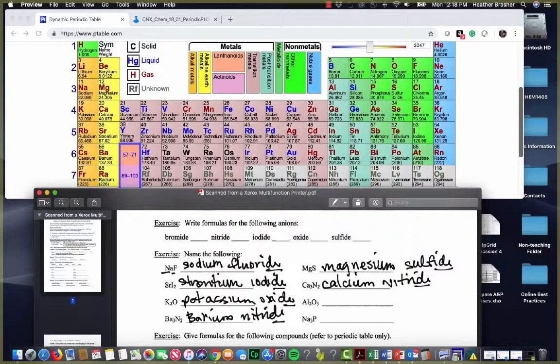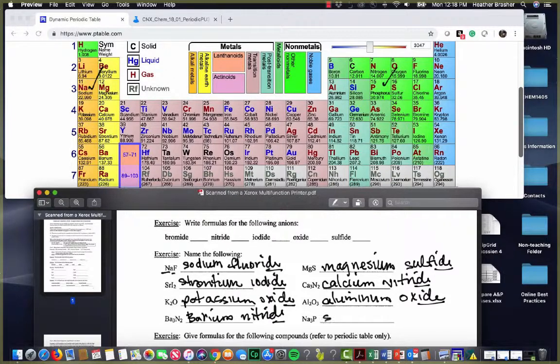Al is here, which is aluminum, and O is oxygen, so it's aluminum oxide. And this last one here, Na, which is here, sodium, and P is phosphorus over here.